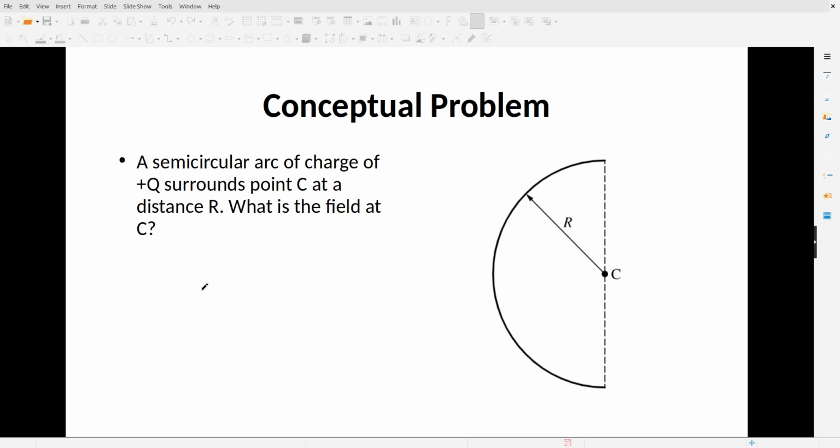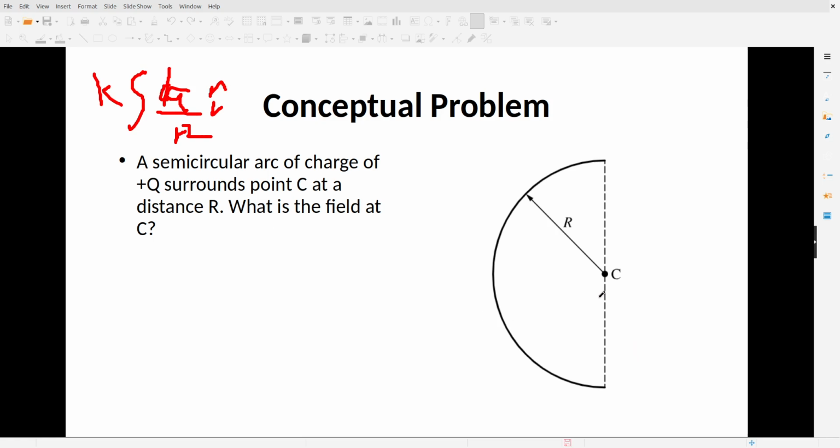So how about this? A semicircular arc of charge q surrounds a point C at a distance r. What's the field at C? Okay, so we need to find this field. The field is going to be the integration of k dq over r squared in the r hat direction.